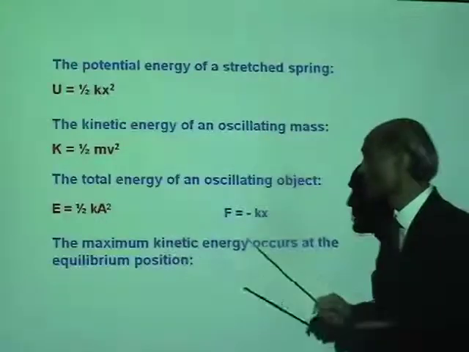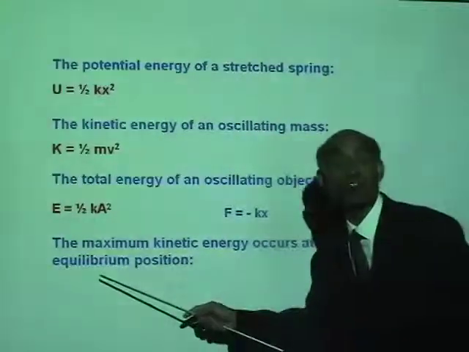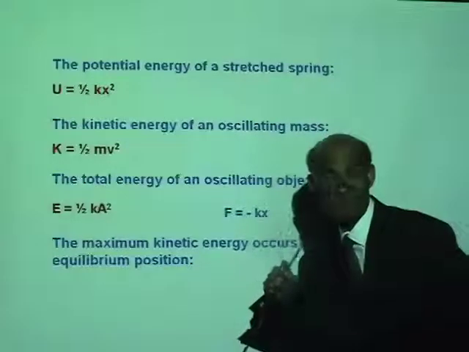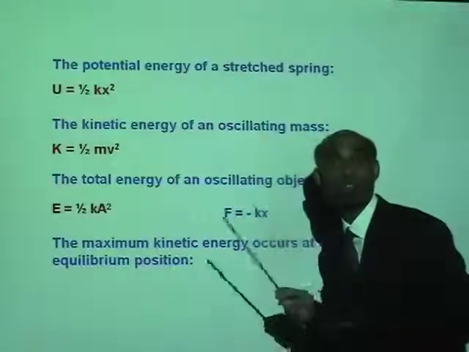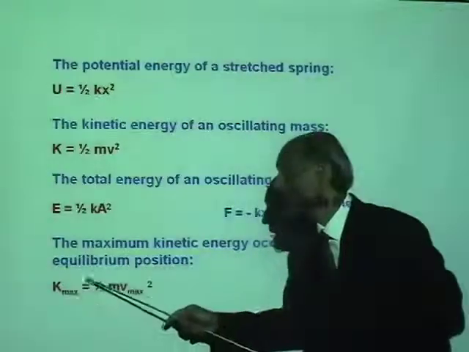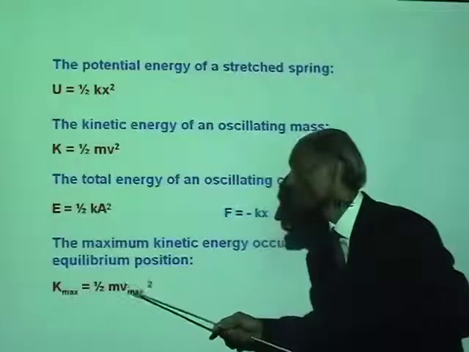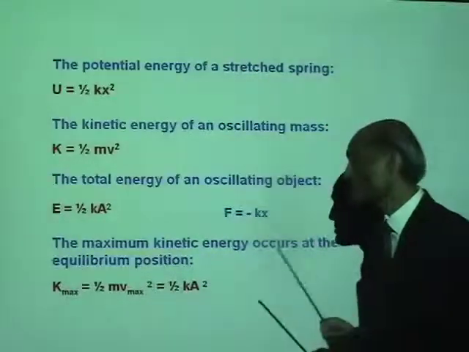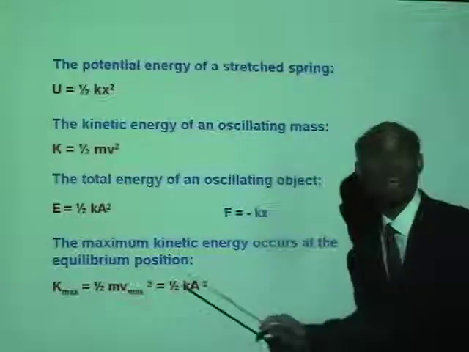The maximum kinetic energy occurs at the equilibrium position, right? At the equilibrium position, the potential energy is 0, the kinetic energy is maximum. So K max equals 1/2 m v max squared. That is equal to 1/2 k A squared.